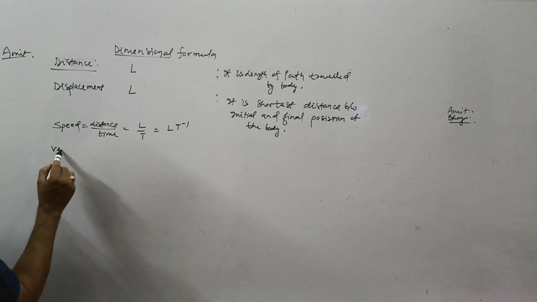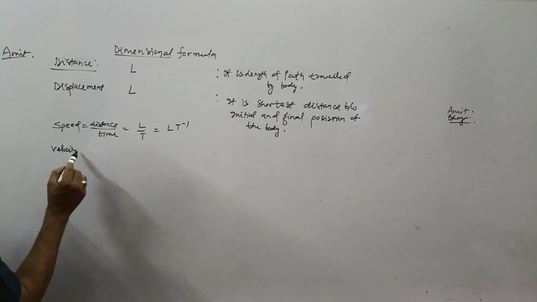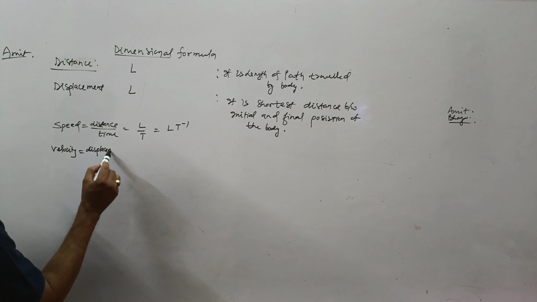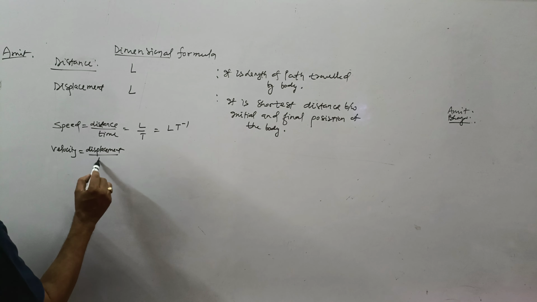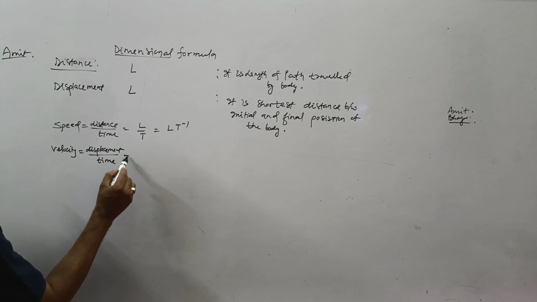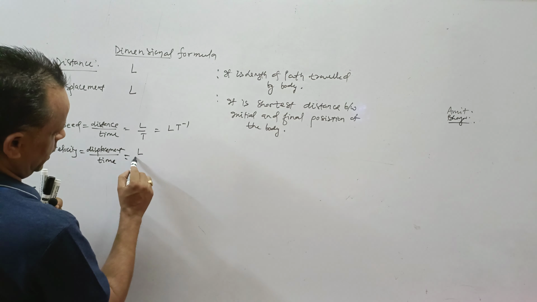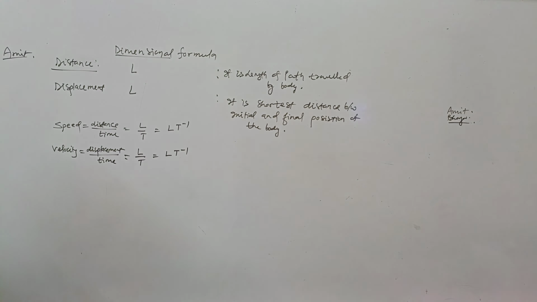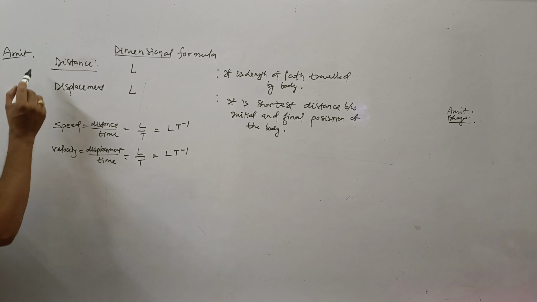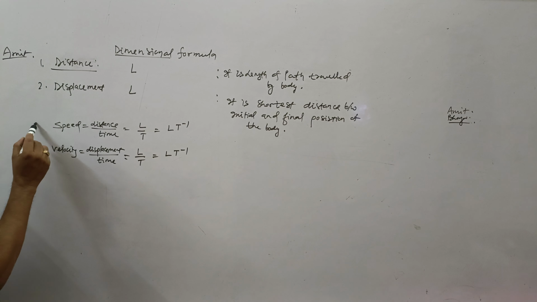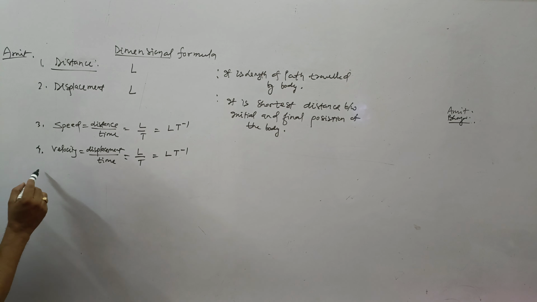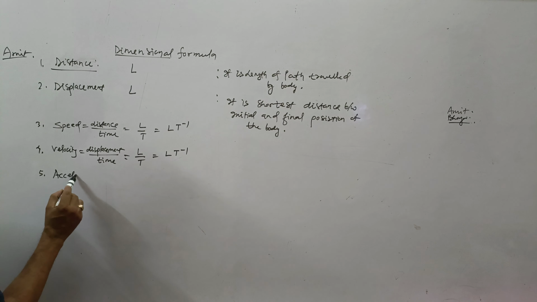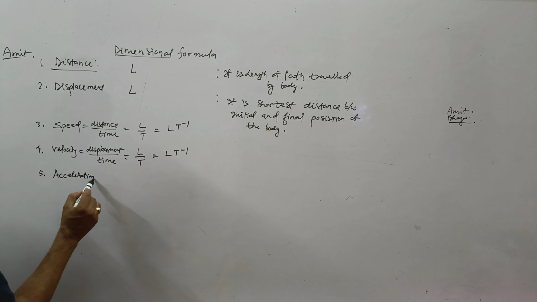Again we have velocity. It will be equivalent to displacement upon time. Displacement is again L, this is T, so it comes out to be LT minus 1. Then we have acceleration.